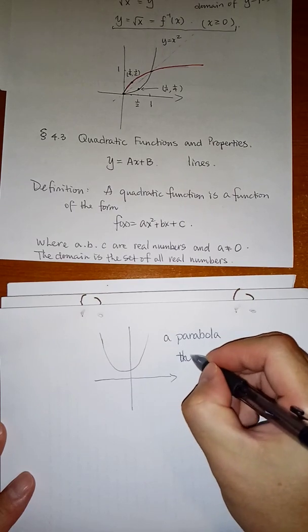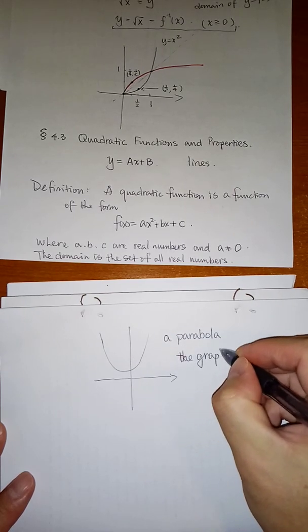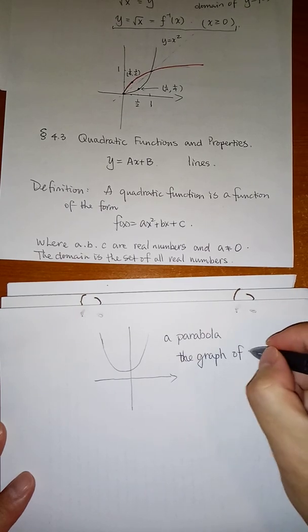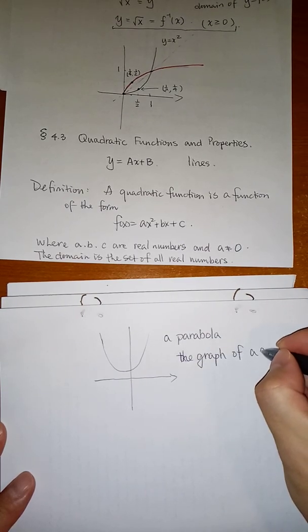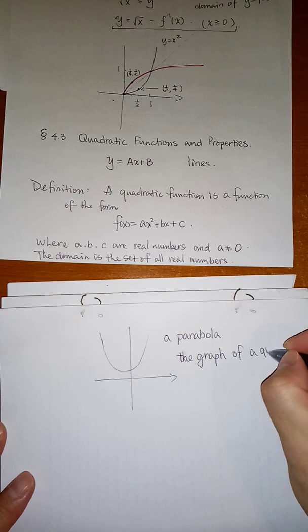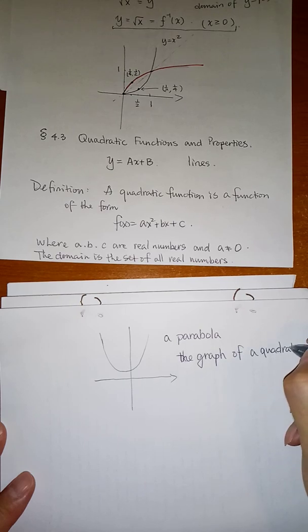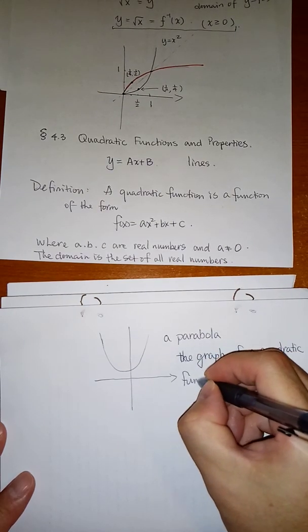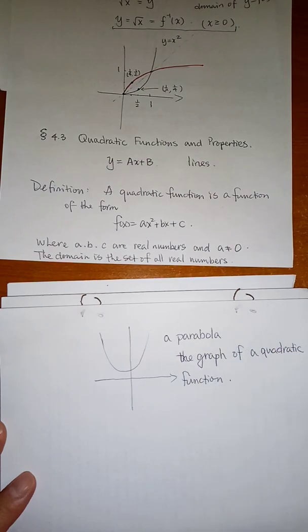The graph of a quadratic function. So first, we want to see how to sketch the graph of this parabola. What is the essential point or the key point we need to determine the parabola?